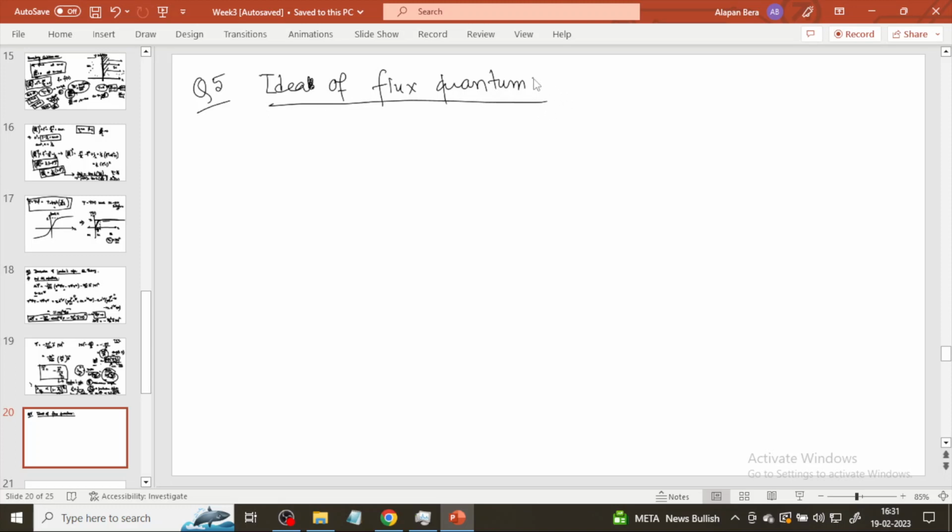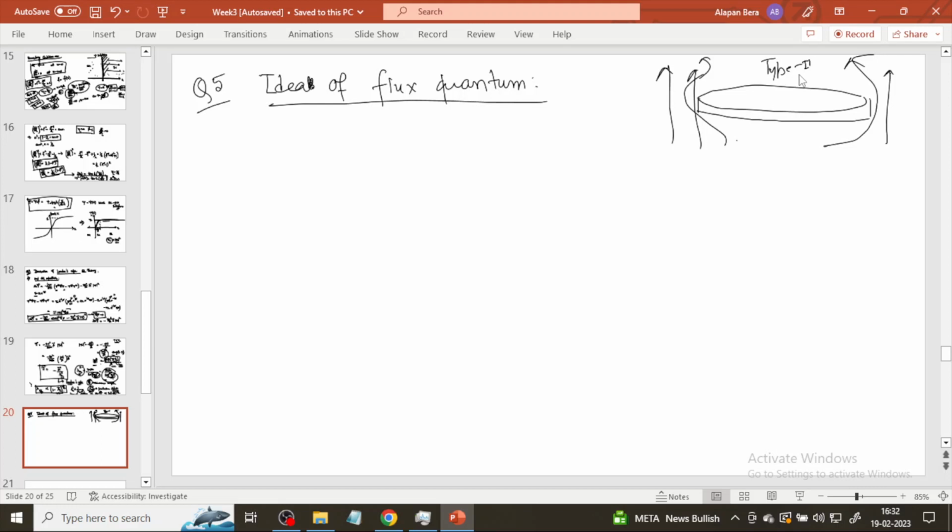The idea of flux quantum means when we take a type 2 superconductor and place it in a magnetic field. In the case of a type 1 superconductor, this magnetic field will not penetrate, it will bypass the superconductor like this. But if this is a type 2 superconductor, the magnetic field penetrates through the vortices.